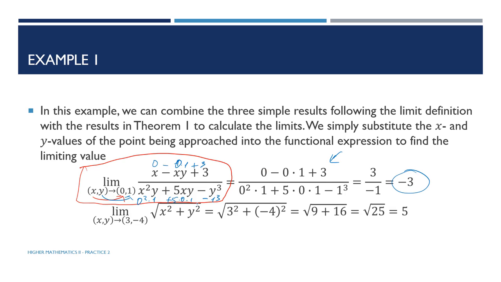In this case also 3 instead of x, negative 4 instead of y, just 3 squared plus negative 4 squared, which is of course under the square root, and here also 3 squared will be 9 plus 16, 25, and we got 5.